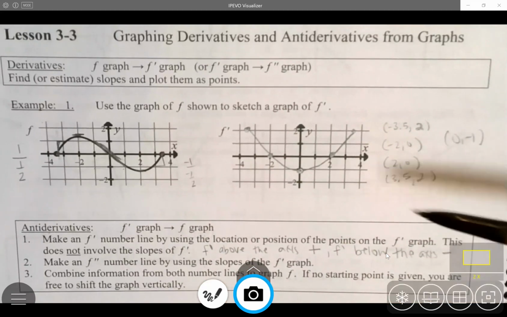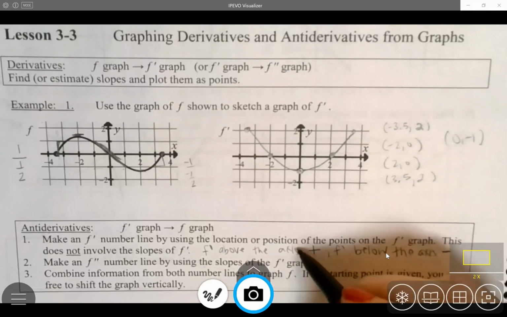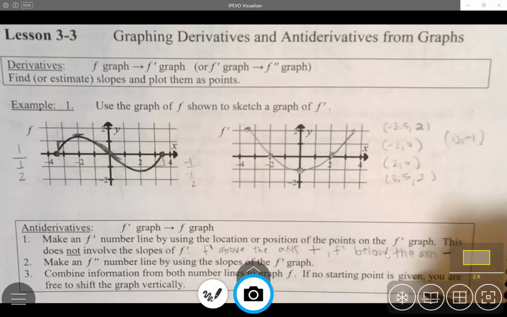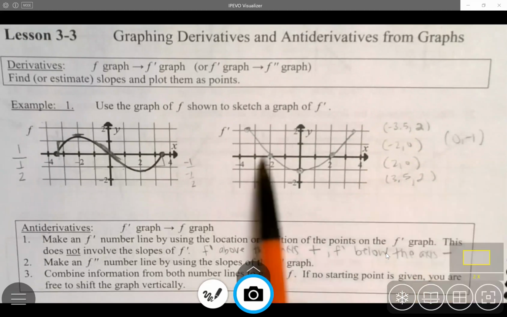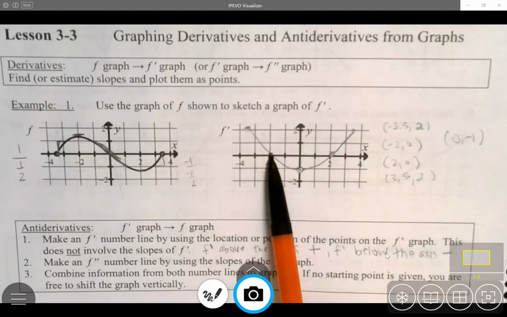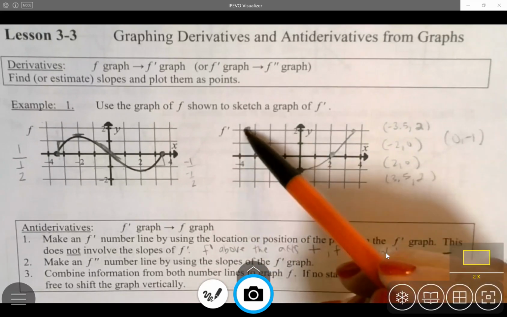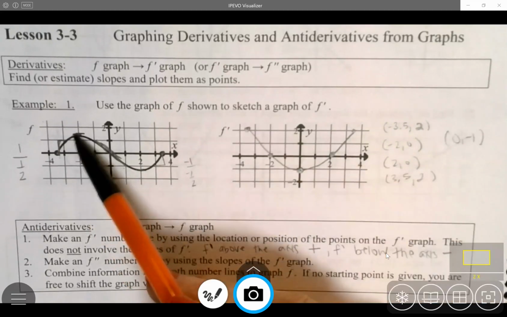Okay, so you know that this equates to where the original graph is increasing and decreasing. Okay, so if f prime is above the x-axis, it's increasing. So I could look at this graph and say, okay, this f prime graph is above between negative 3.5 and negative 2. So between negative 3.5 and negative 2, my graph is increasing, and that's true.